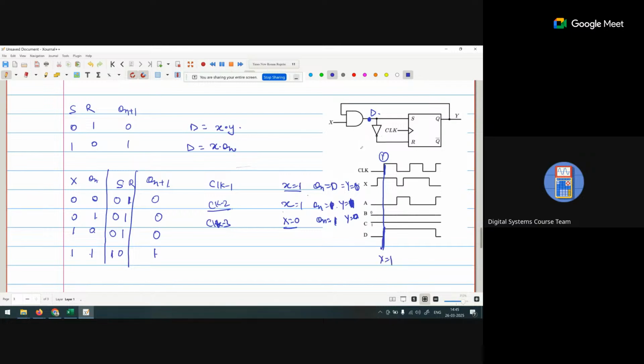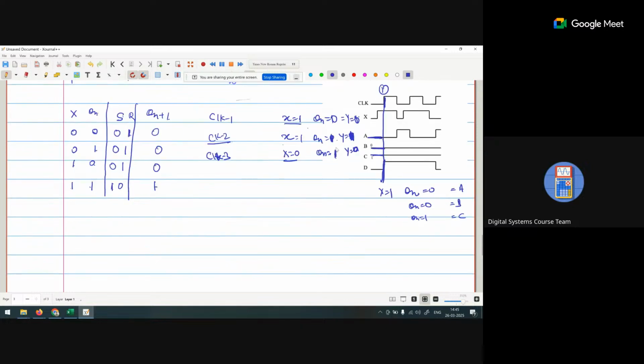And what is the value of Qn? It is the previous output. If it is coming 0, then Qn is 0. For A, for B, it is again 0. For C, it is 1. And for D, it is 0. Clear?